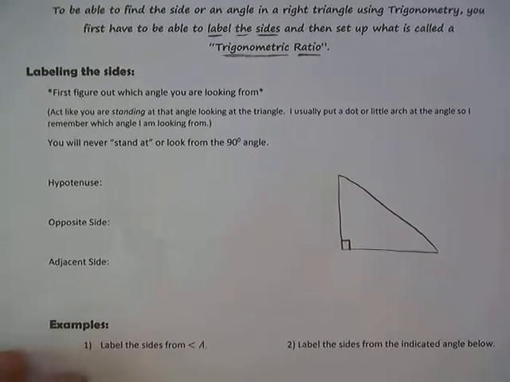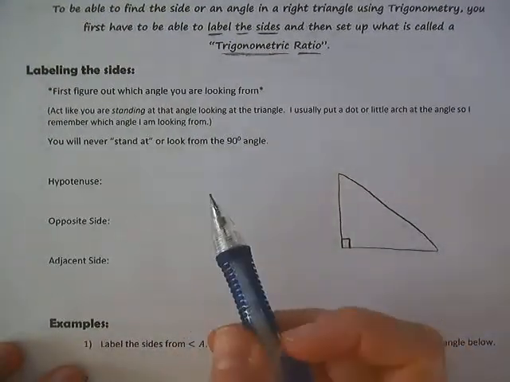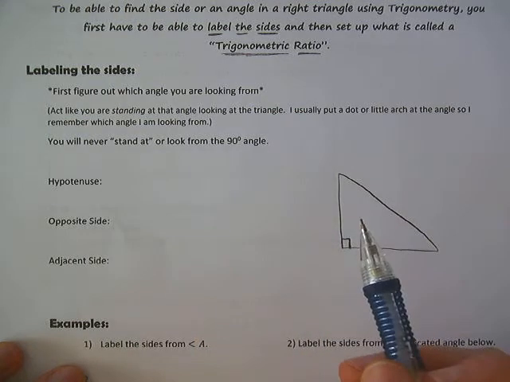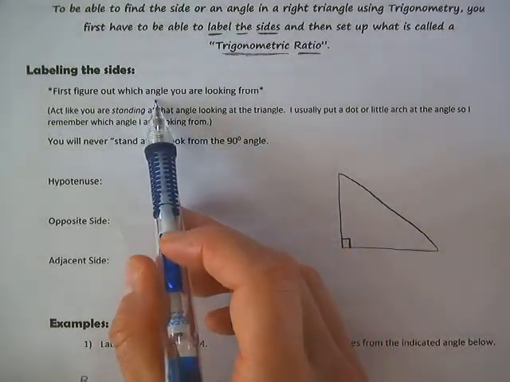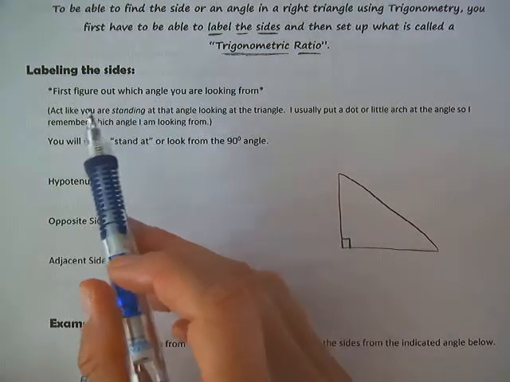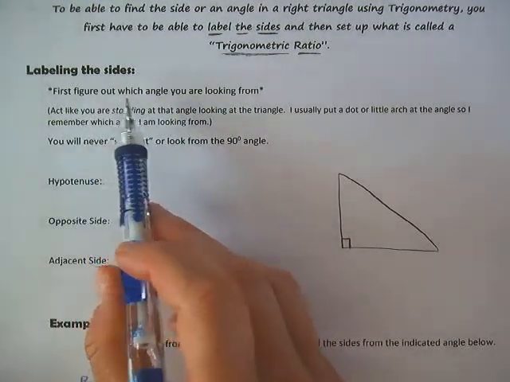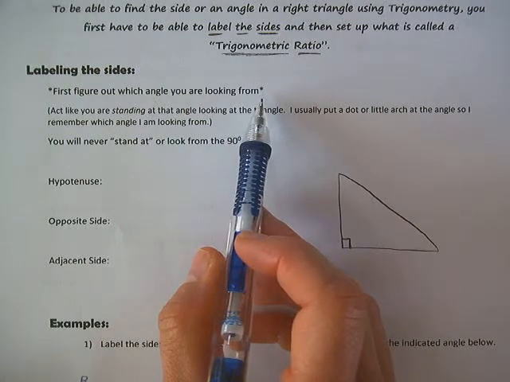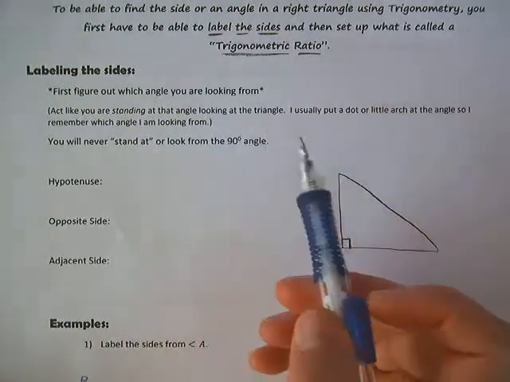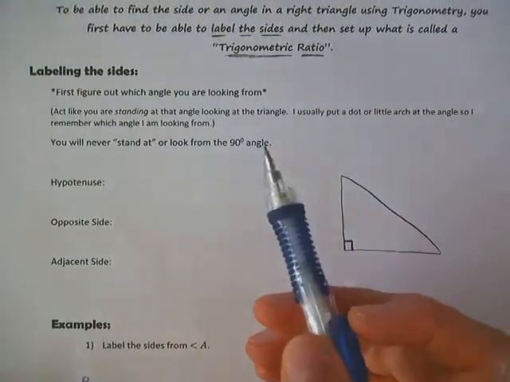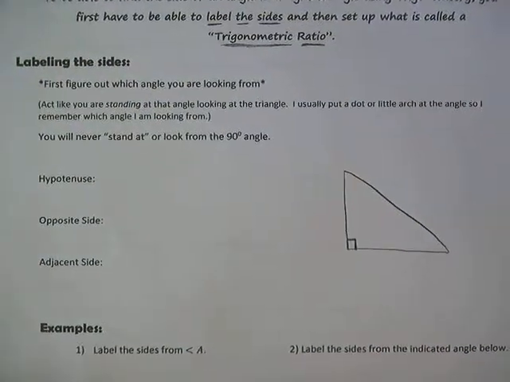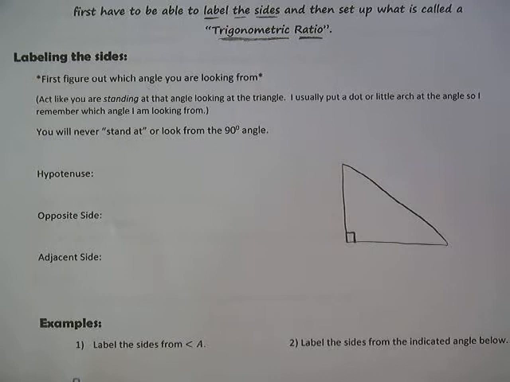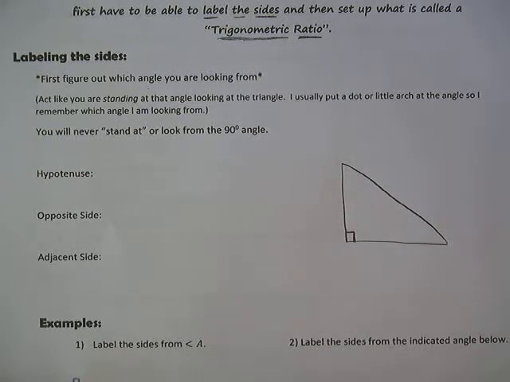To start these problems, you're going to be looking from an angle in your triangle. You first have to figure out which angle you are looking from. This will be something we come back to as we start working problems, but I want you to be aware that you're going to have to look at that first.